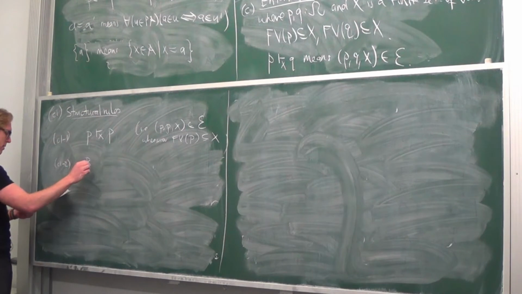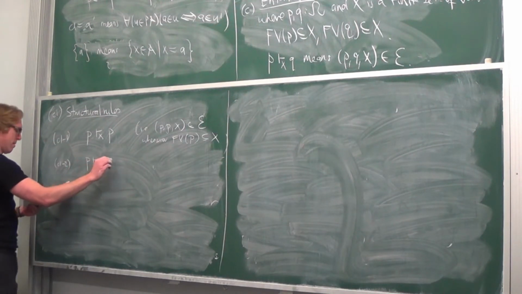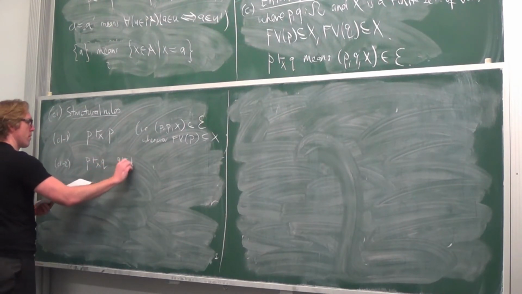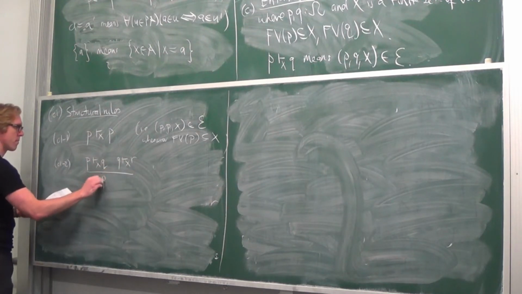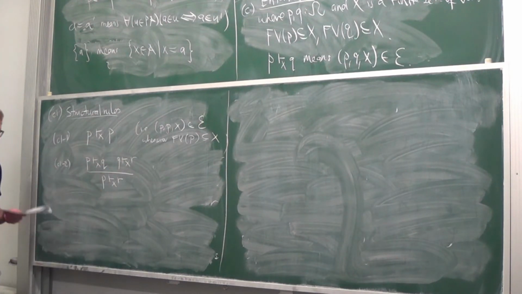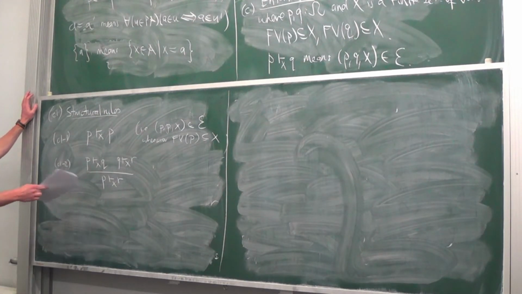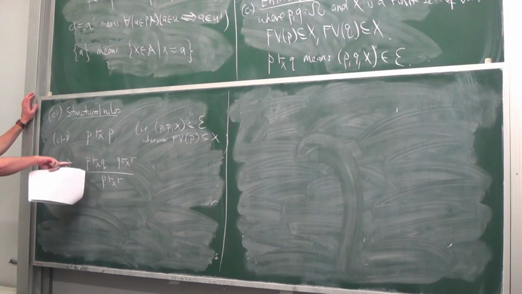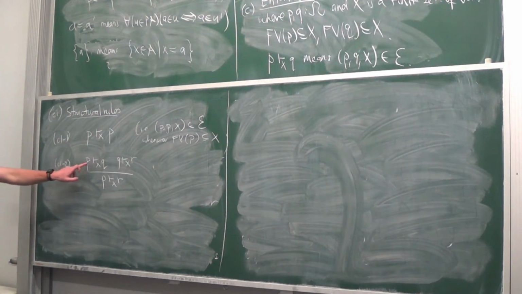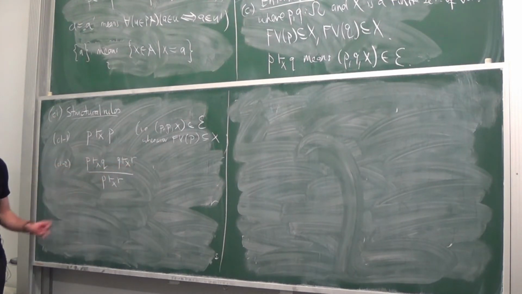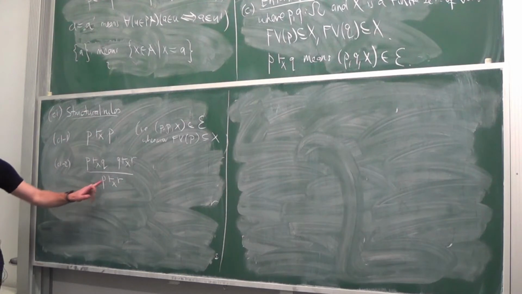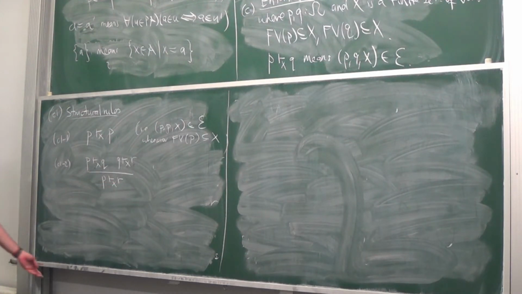Modus ponens. Okay, so this is the usual sequent calculus style. The current audience is perfectly happy with this, I suspect, but for the camera, let me say. So if P, Q, X is in E and Q, R, X is in E, then it must also be true that P, R, X is in E.